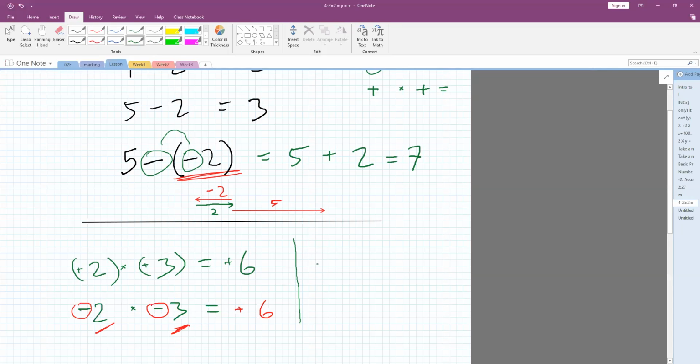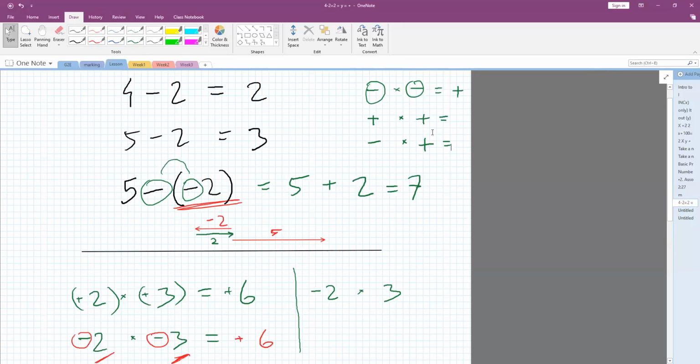Okay. Now, what happens if you have, for example, minus 2 times plus 3? So what happens if you have negative and then you multiply it by a positive? What do you think? What do we get? So plus times plus gives you plus. Minus times minus gives you plus.